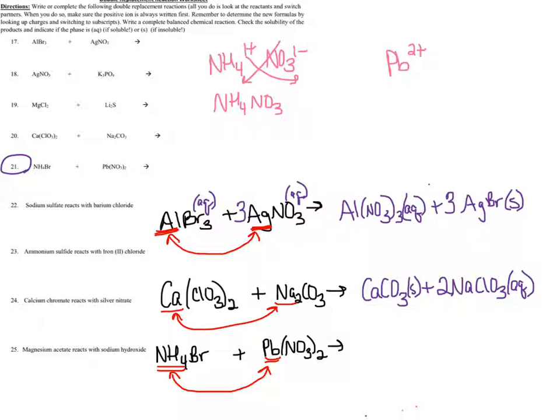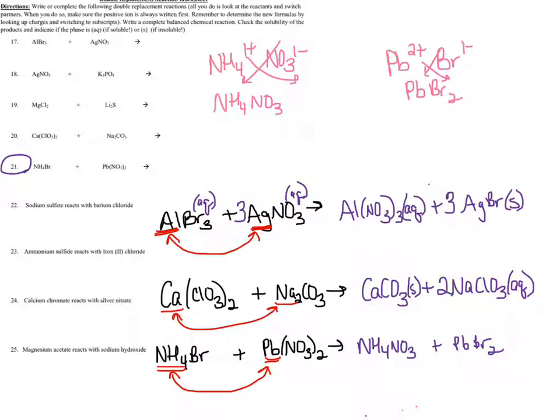And again, it was with NO3, now it's combining with Br, which has a 1-, and when I switch them, I get PbBr2, okay? And I will write both of these as products. I don't care which one you put first or which one that you put second. Just again, remember, whatever the charge is on the left-hand side, you must have that same charge on the right-hand side.